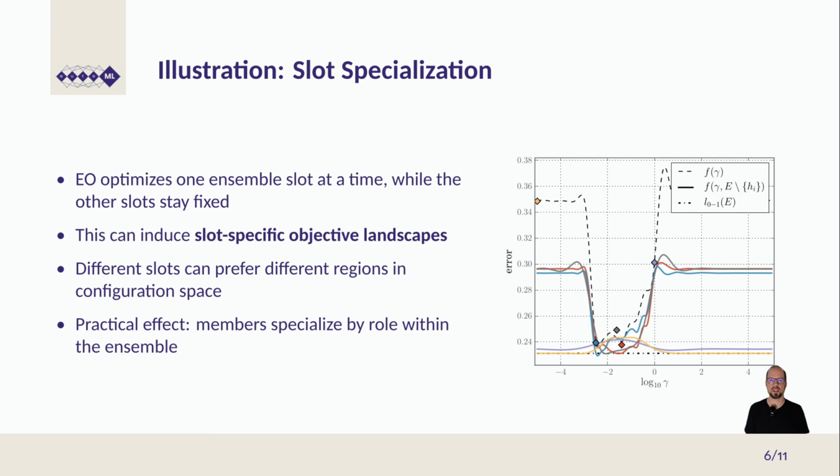And we can see each of these slots has a very different optimum, and that for each of these slots we would like to find different hyperparameters. So different slots specialize in different roles within the ensemble, which allows the optimization procedure to improve them over time and make them really good at their job.